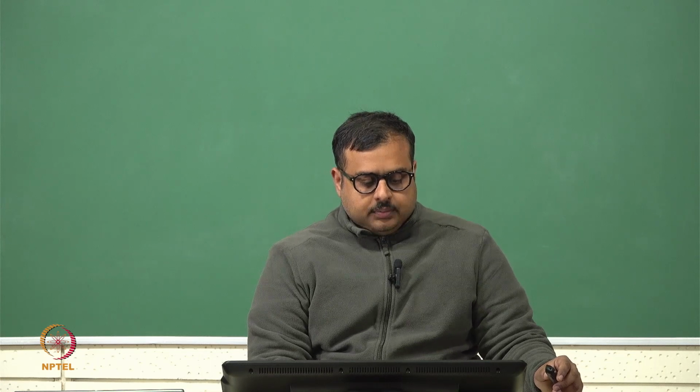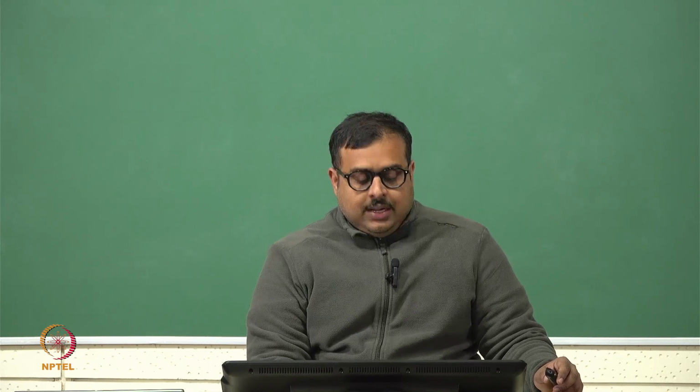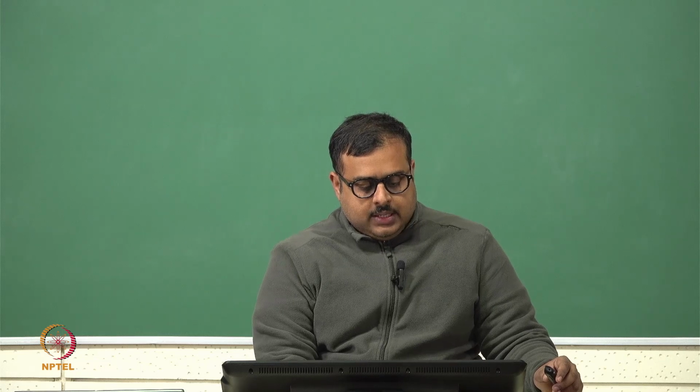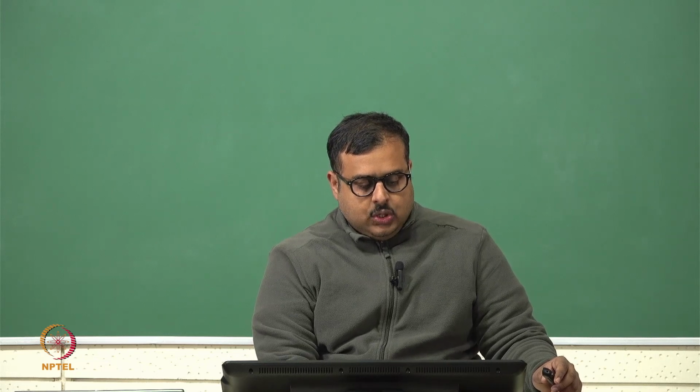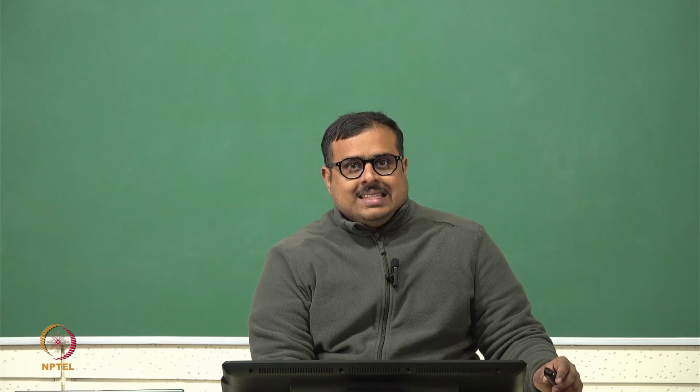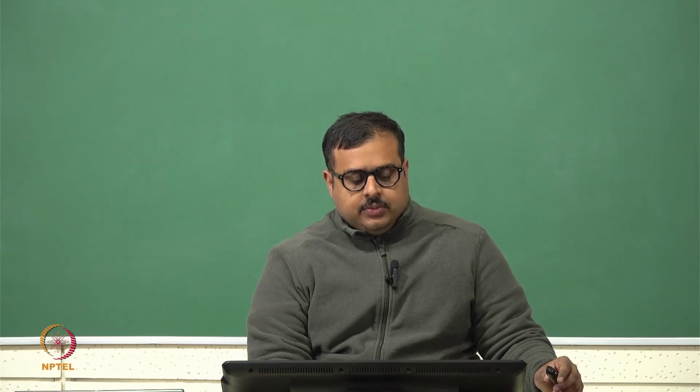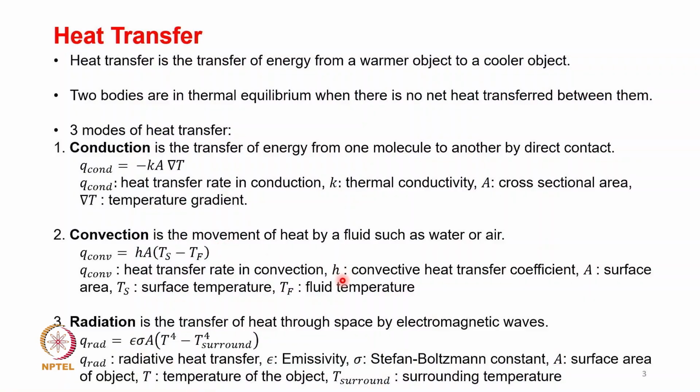Now, the convection heat transfer rate, Q convection, is a function of three things. One is H, the convective heat transfer coefficient. A is the surface area of heat transfer, Ts is the surface temperature, and Tf is the fluid temperature.